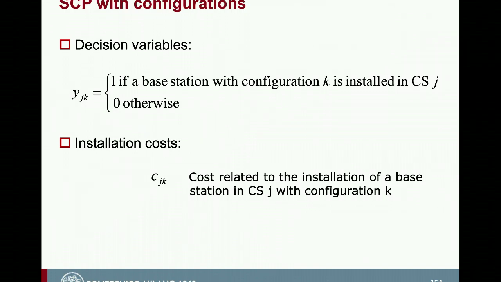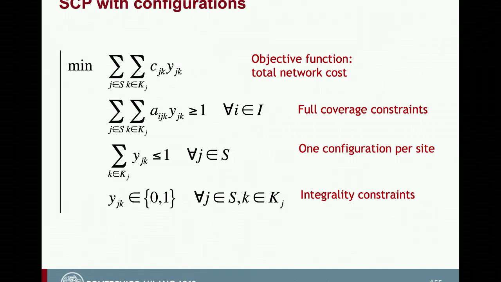And of course the installation cost can also incorporate the configuration, because you may have different costs depending on the configuration. So we have cjk, which is the cost associated to the installation of a base station in candidate site j with configuration k. And this is the problem, which is just the extension of the previous one, and you can see here it's not much different.